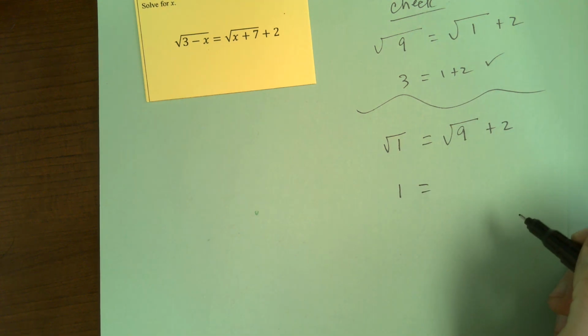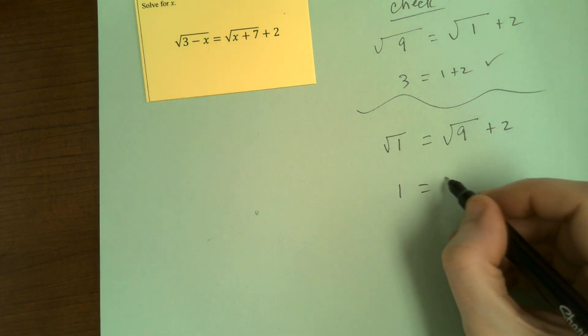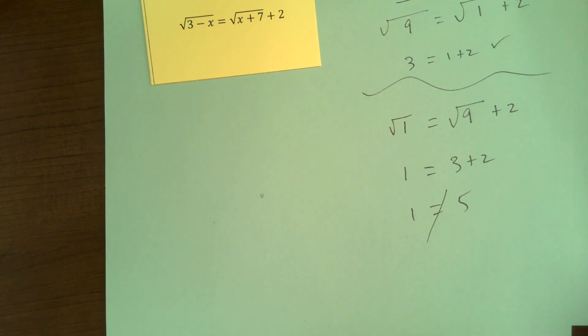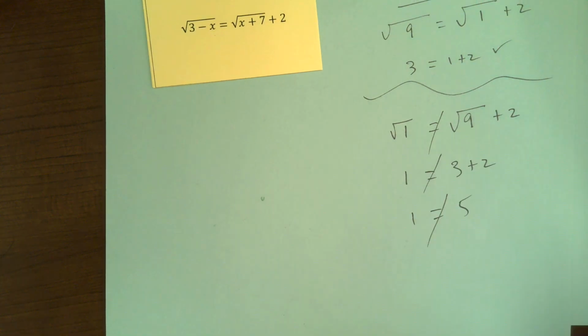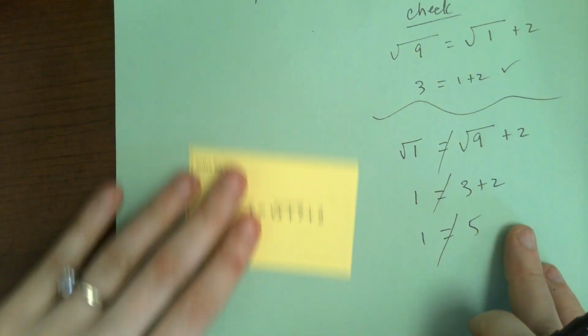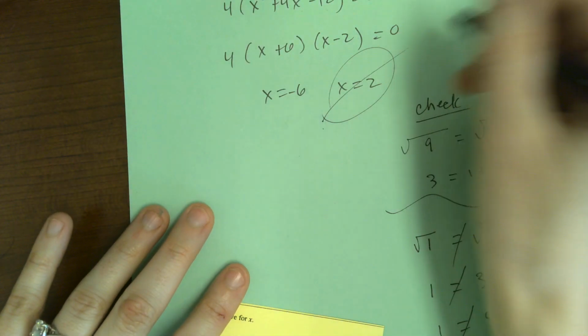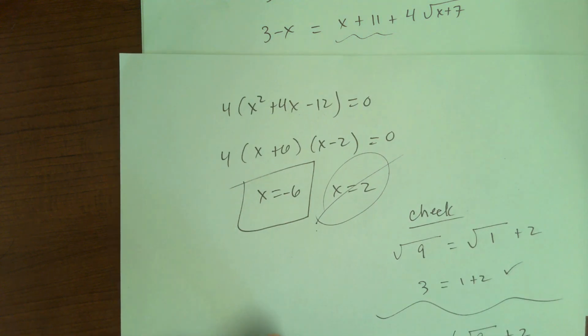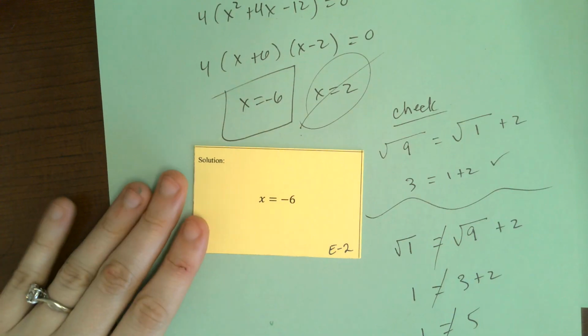Square root of 9 is 3. I'm getting 1 equals 5. Not true. Okay, none of that. So that one is extraneous, and that is our solution. Let's hope. Yes, right there. Okay, moving along.